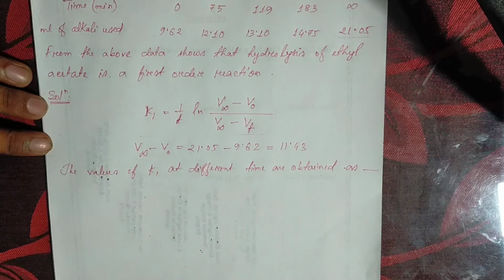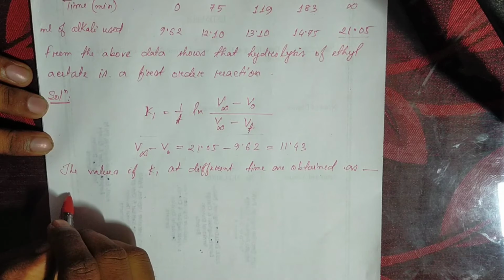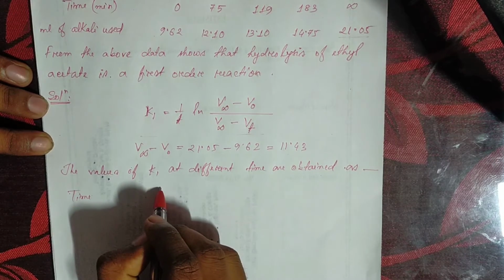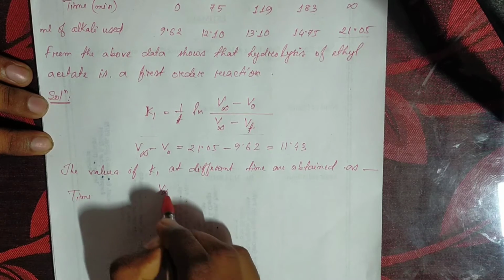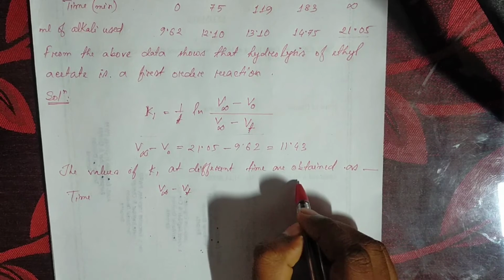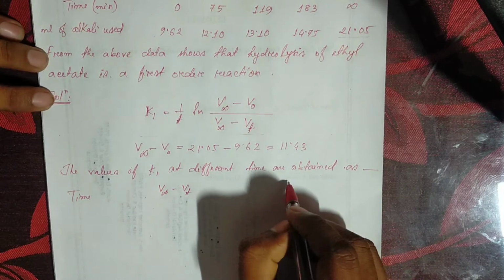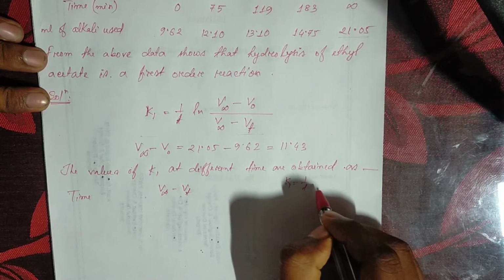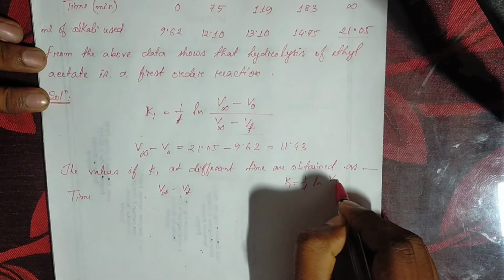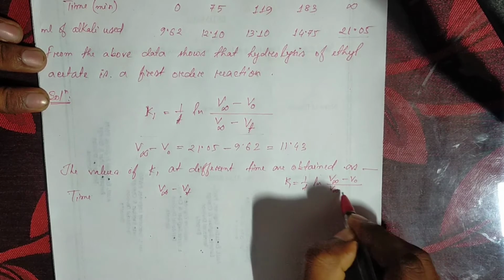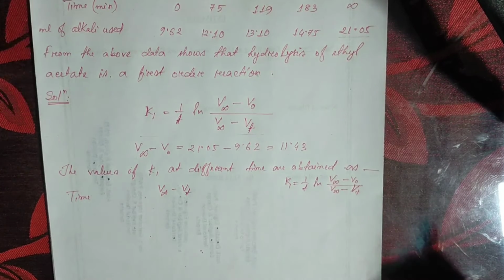Here it is time, it is V infinity minus Vt, and the general equation is K1 is equal to 1 by T ln V infinity minus V naught divided by V infinity minus Vt.